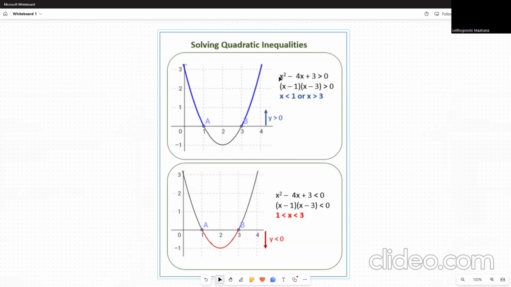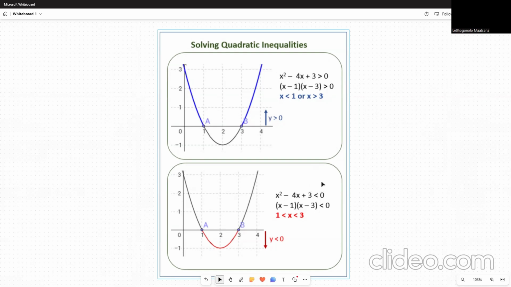You can tell by the value of a that we're going to have a smiley face. It's looking for where our graph is positive, which is the blue part over here. This means that x needs to be either less than 1 or greater than 3 for us to have positive y values.